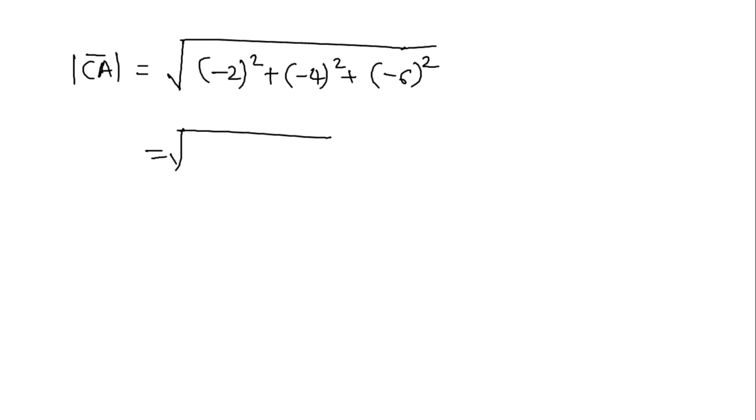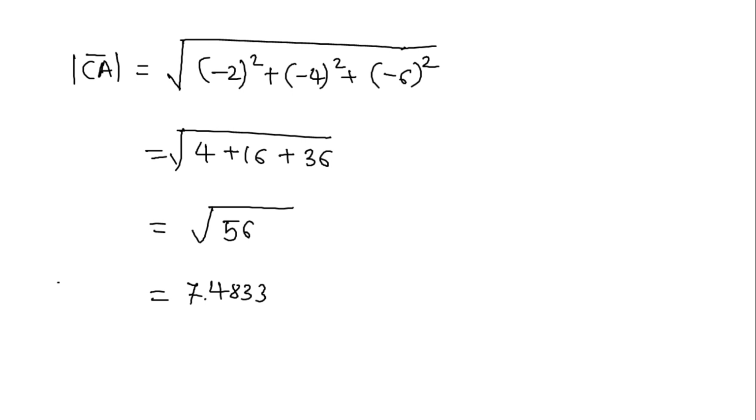Minus 2 square will be equal to 4, plus minus 4 square will be 16, and minus 6 square will be equal to 36 here. Now inside the square root, the addition comes out to be 56. Square root of 56 is nothing but 7.4833, if you calculate it on the calculator. So we have the numerator as well as the denominator here.